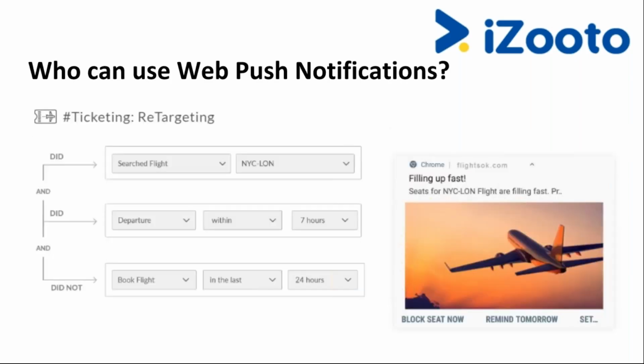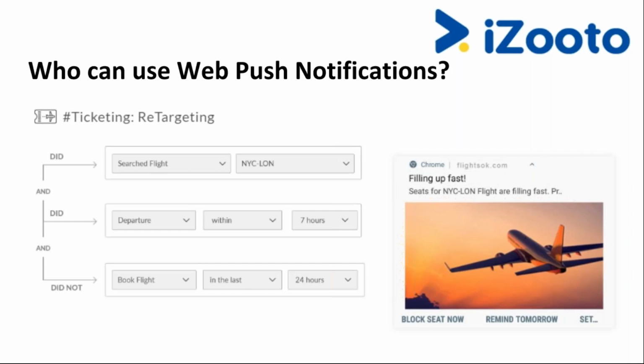Okay. Now let's see the example for an e-commerce website. So as an e-commerce website, let's say I have a new collection that is coming up, and I want to target those subscribers who have visited my website but just the home page and have not visited any of the product pages.